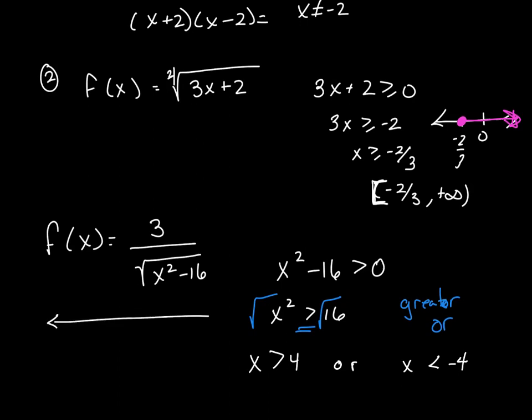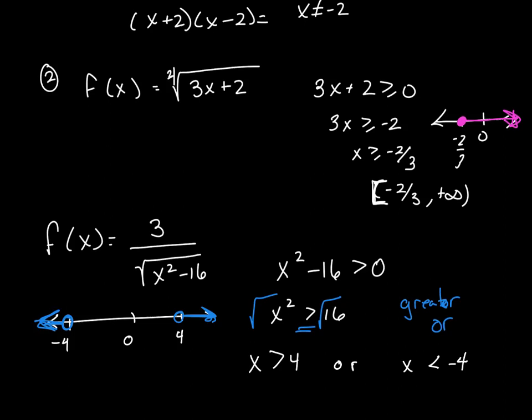Let's talk about this. As far as the number line is concerned here, this is 0, this is 4, this is negative 4. So what this is saying is that anything larger than 4, not equaling 4, will work. Anything that is smaller than negative 4 will work.